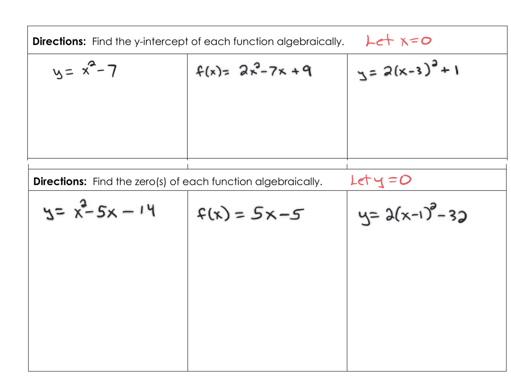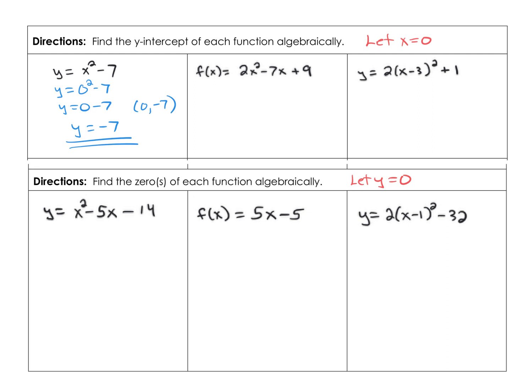Let's work out a couple of these. If I let x be 0, I get 0 squared minus 7. That's 0 minus 7, which is -7. The actual point would be 0, comma, -7.